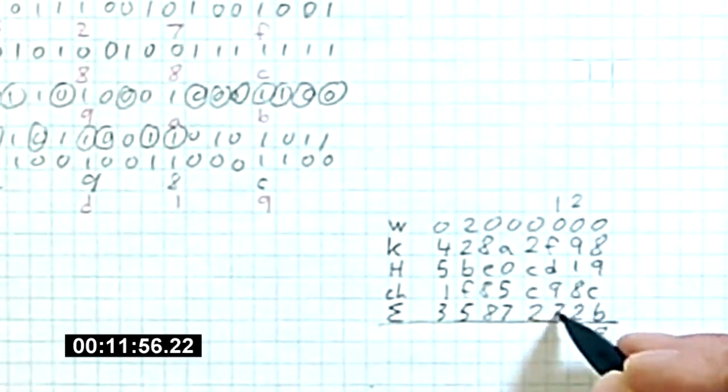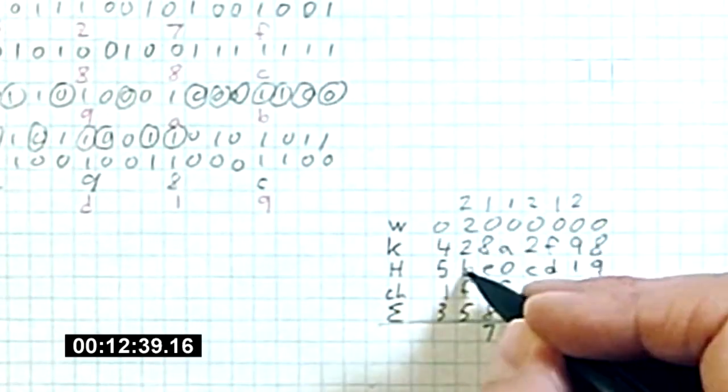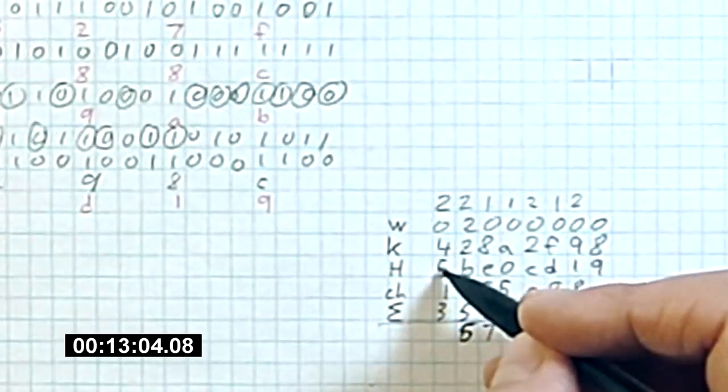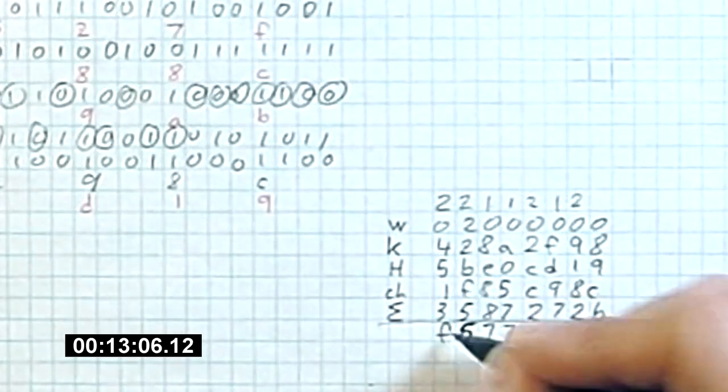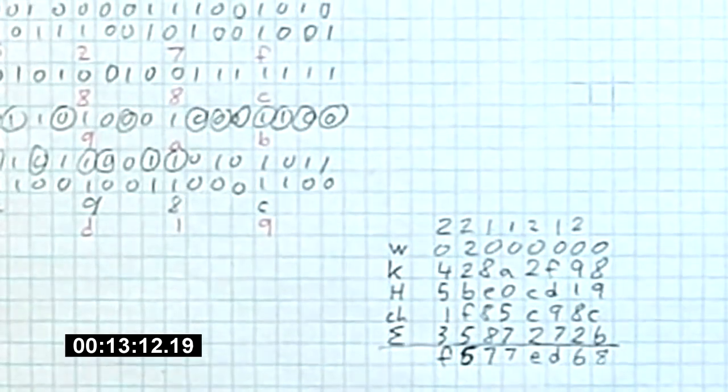That's 16 plus 6, so we carry the 16. 1 and 15 is 16. Plus 5 is 11, 12 and 3 is 15. So our result is F577ED68 is our first sum.